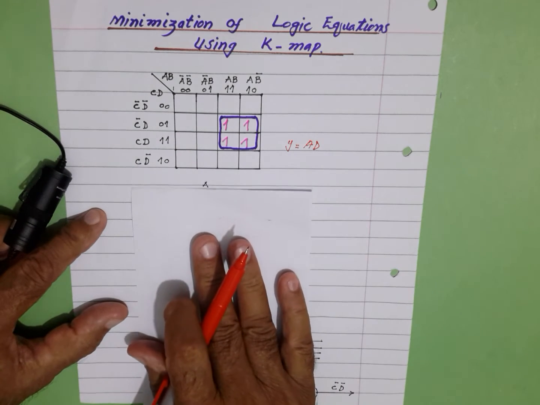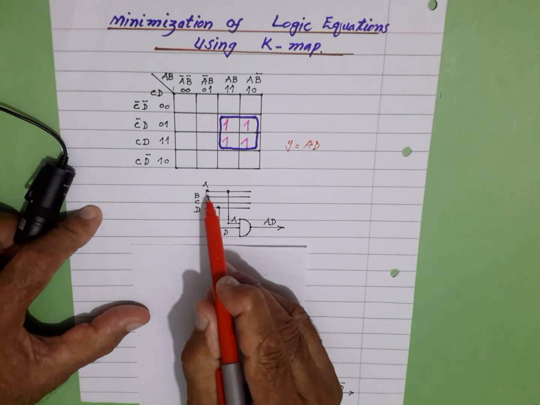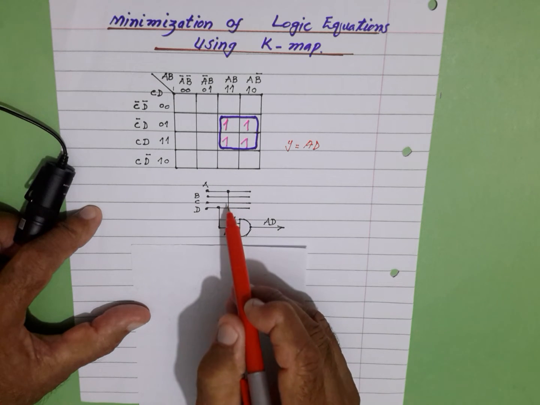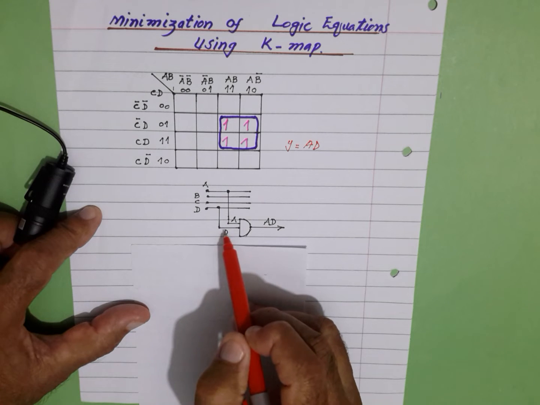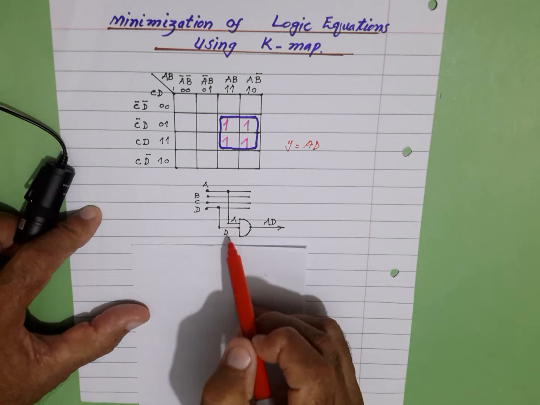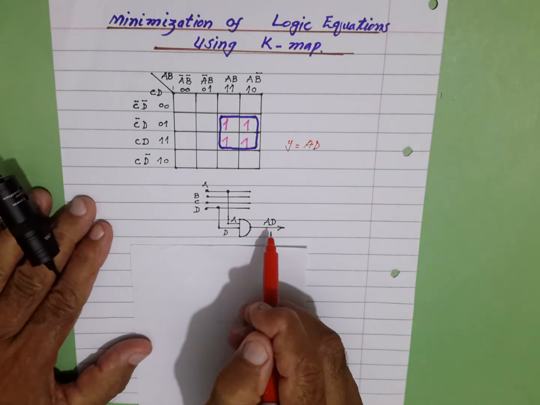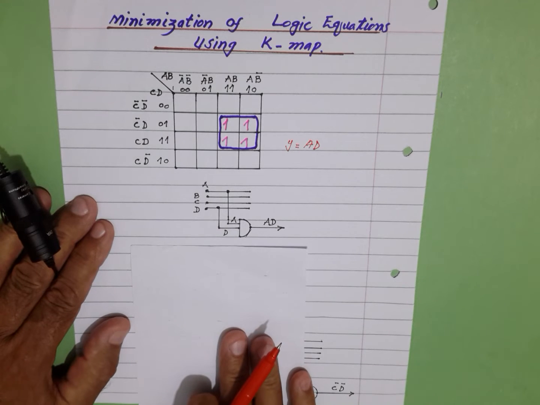The logic circuit equivalent is four inputs A, B, C, D. A is tapped from here to the AND gate. D is tapped from here, goes to the AND gate. Both inputs A and D. Output of the AND gate is A and D. We need one logic gate, that is AND.